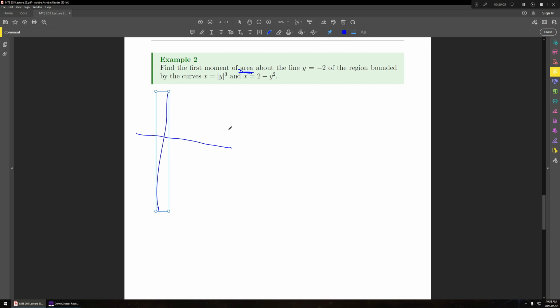That's going to be a parabola opening in this direction, right? Because it's along the y-axis. So that thing is going to look like this. Something like this, right? And I know it's going to be centered here on the x-axis just because the roots of this are going to be plus or minus square root 2, right?